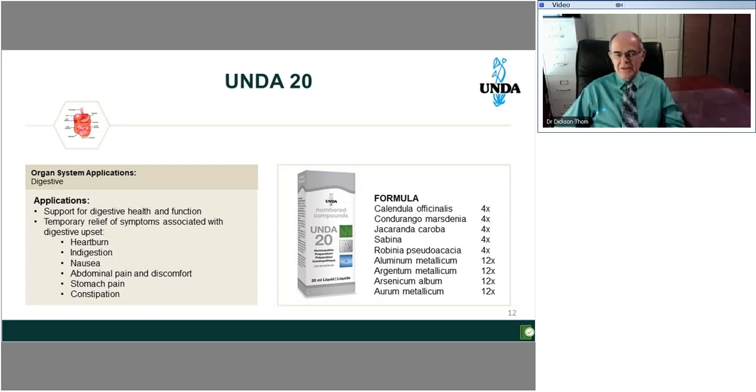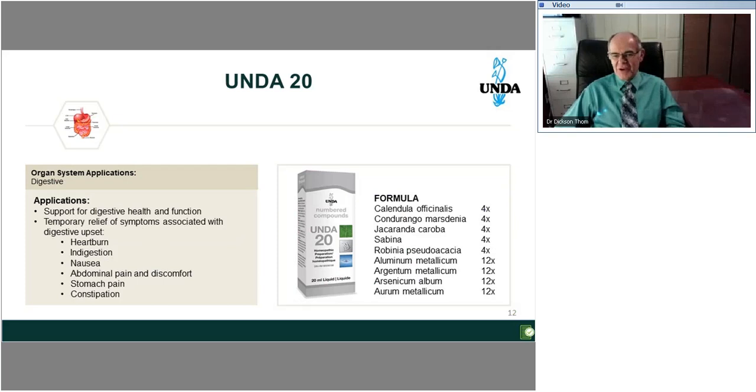Here we see UNDA number 20, probably the most important single remedy of all the 76 UNDA numbers. And the main reason for that is you will see that there are 4 metals in it. This is unique. This is the remedy that has 4 metals.